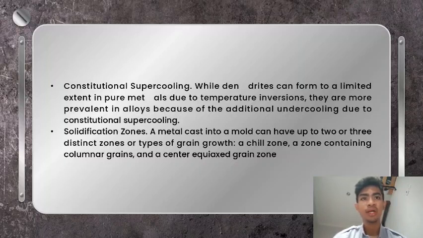Alloys that have a wide spread between the liquidus and the solidus temperature solidify with mostly equiaxed grain structure at normal cooling rates, whereas alloys with a small difference in solidus and liquidus temperature solidify with a mostly columnar structure. This is why cast pure metals typically have a columnar structure.